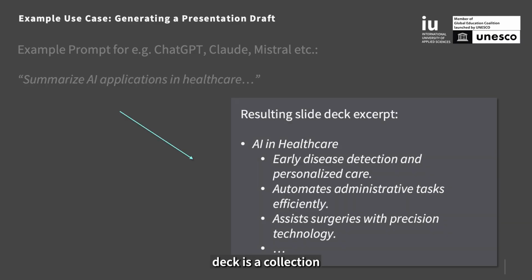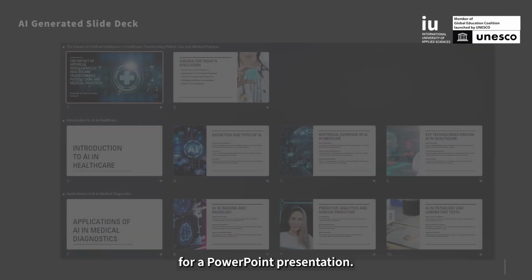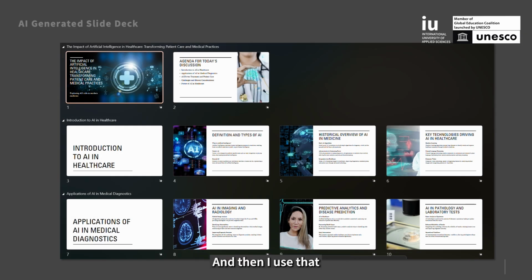A slide deck is a collection of all the slides and the content of those slides, which is the basis for a PowerPoint presentation. And then I use that and go into, for example, PowerPoint and ask Copilot, based on that slide deck, to create a complete presentation. And it's able to do that.